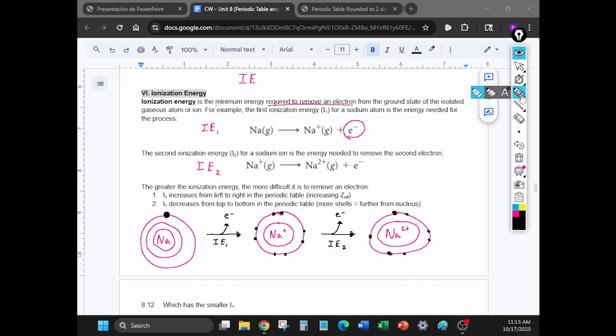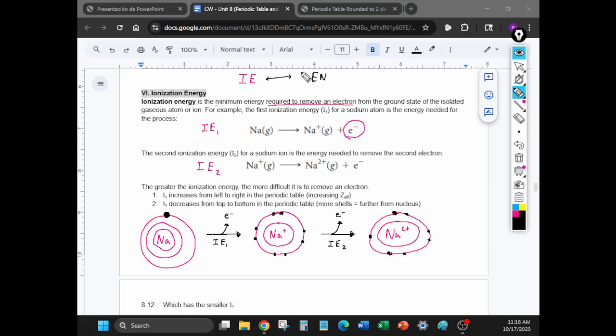All right, now for ionization energy, there's a couple things that we need to talk about. It is closely related to electronegativity, right? Because we said electronegativity talks about how tightly the electrons are being held. So obviously the ionization energy, the amount of energy required to remove an electron, is going to be closely related to that.